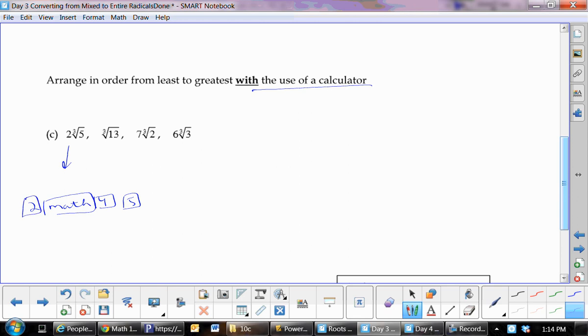You should get 3.41995. Okay, so I'm not going to go through any more, but the biggest number is the biggest number. You can write that down.